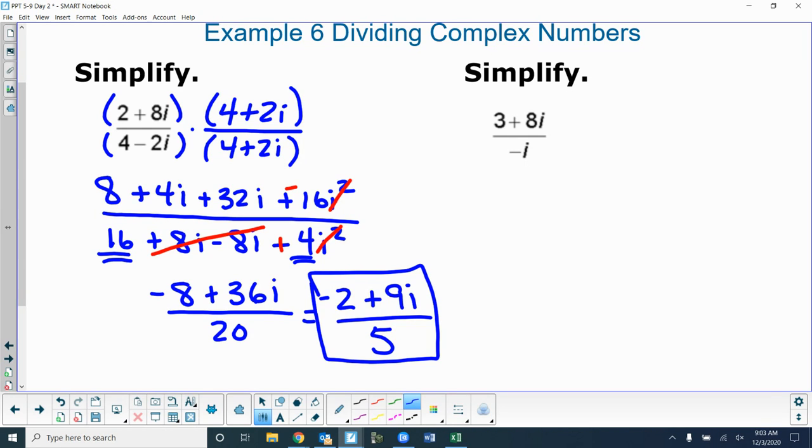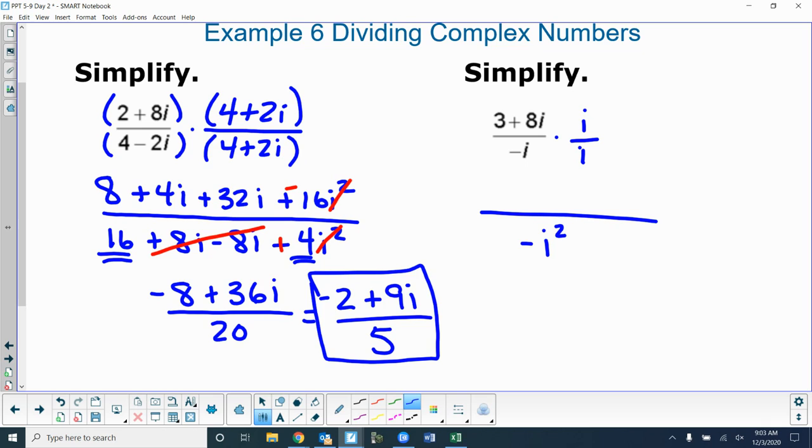What do I do to simplify the one on the right? Multiply by i. The conjugate of negative i is positive i, right? Negative i times i is negative i squared. Okay? What's i squared equal, Sammy? i squared equals what?